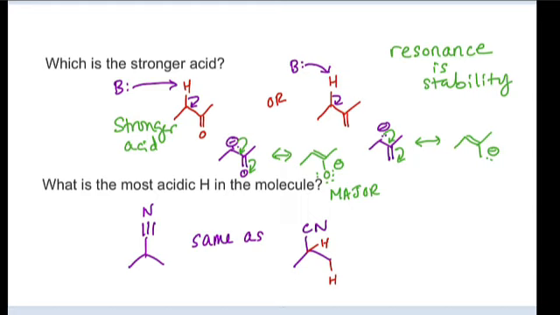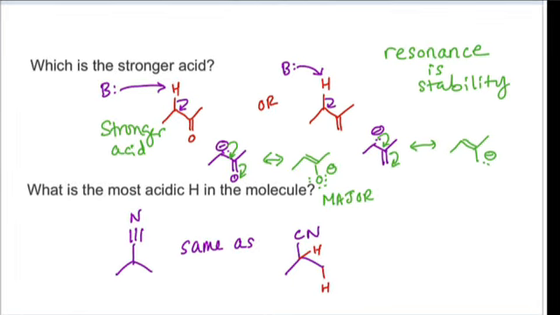There's 3 on this carbon and there's 3 on the other carbon, but all of those are the same. So there's really 2 kinds of protons that could be acidic in this molecule. And real quick, let's go ahead and write out the possible conjugate bases, since that seems to be the best way to solve these types of problems usually.